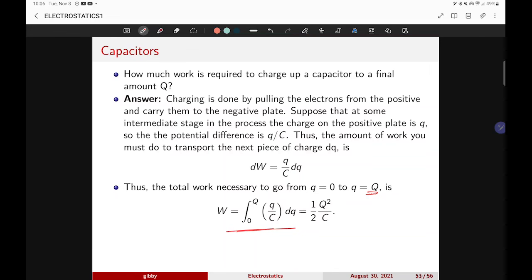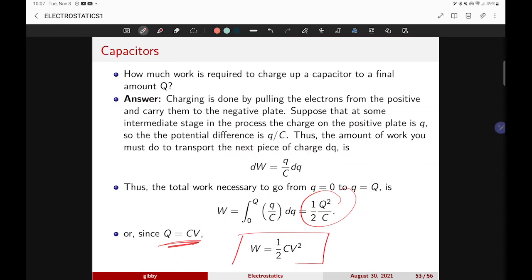So you must integrate with respect to dq, you get this one. So this is the total work needed for your capacitance or capacitor. Since Q is equal to CV, simplify it, you'll get this expression.